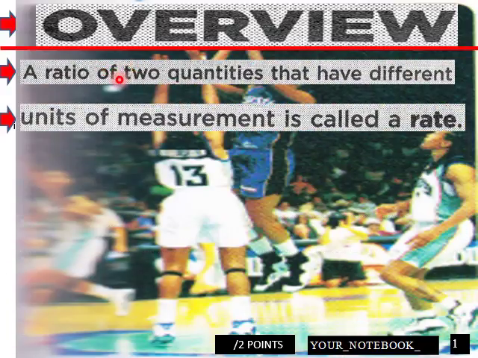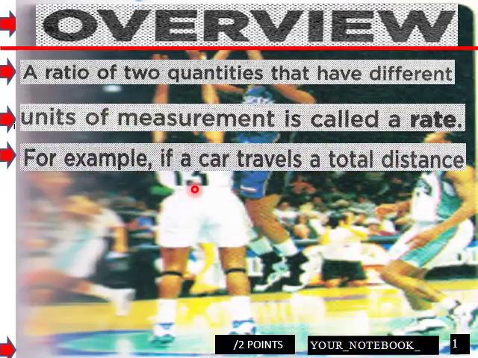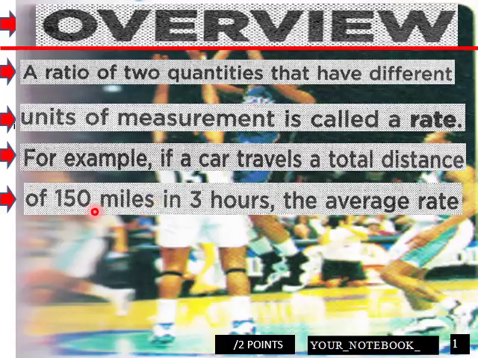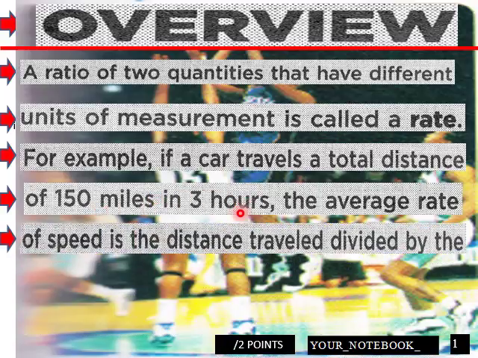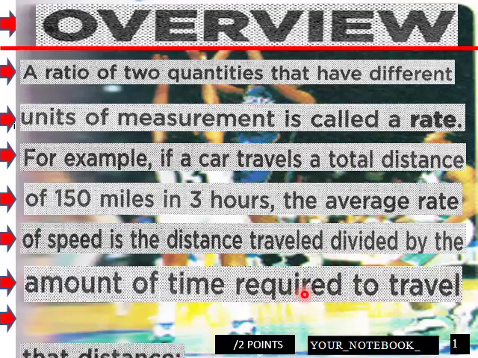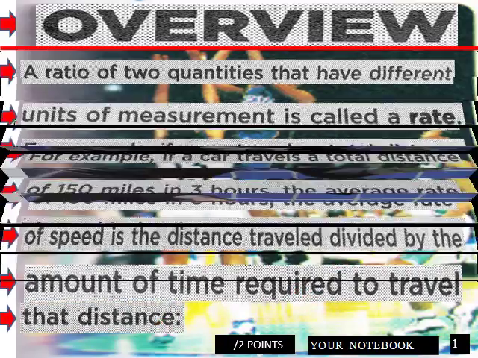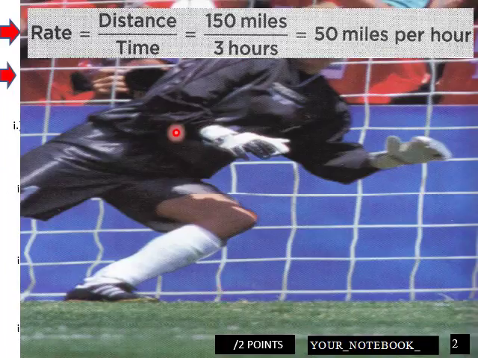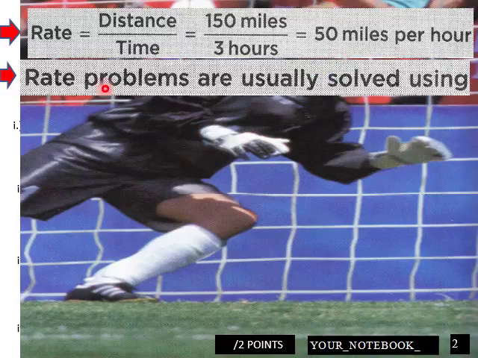A ratio of two quantities that have different units of measurement is called a rate. For example, if a car travels a total distance of 150 miles in 3 hours, the average rate of speed is found by dividing the distance traveled by the amount of time required to travel it. So here, the rate equals distance over time, 150 miles over 3 hours, which equals 50 miles per hour.